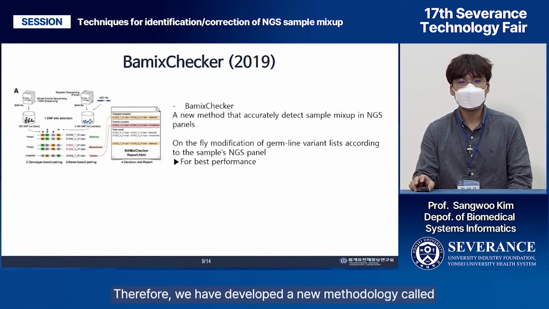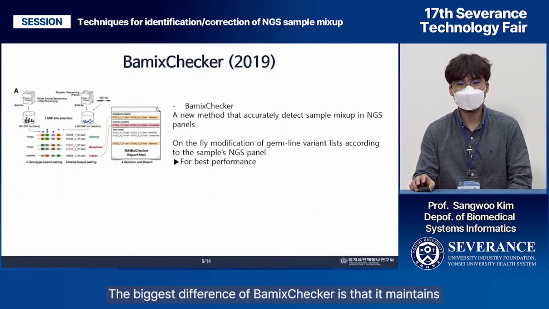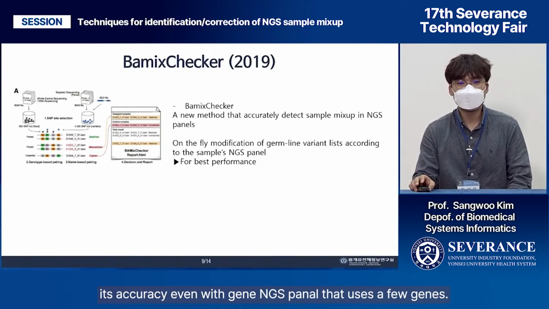Therefore, we have developed a new methodology called BAMixChecker to perform QC that is routine in NGS clinical testing. The biggest difference of BAMixChecker is that it maintains its accuracy even with NGS panels that use only a few genes.